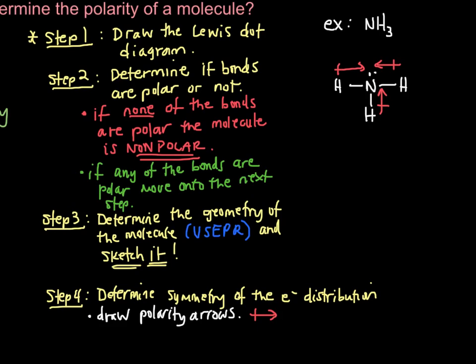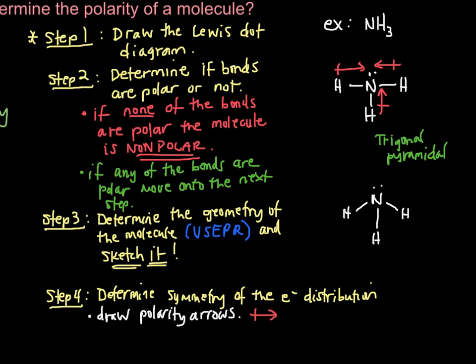So that makes this a trigonal pyramidal shape. A trigonal pyramidal looks like this. We've got our nitrogen in the middle, and our hydrogens form the base of this pyramid. And then, of course, we have that lone pair up at the top.